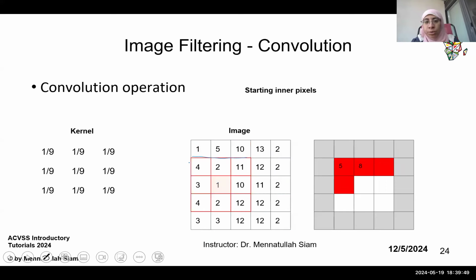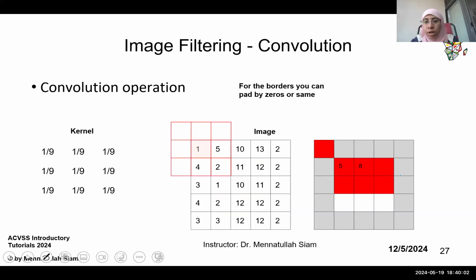Now you center it around this pixel here, and you keep doing this until you finish all of the inner pixels. I'm showing here one pixel, which is at the borders.